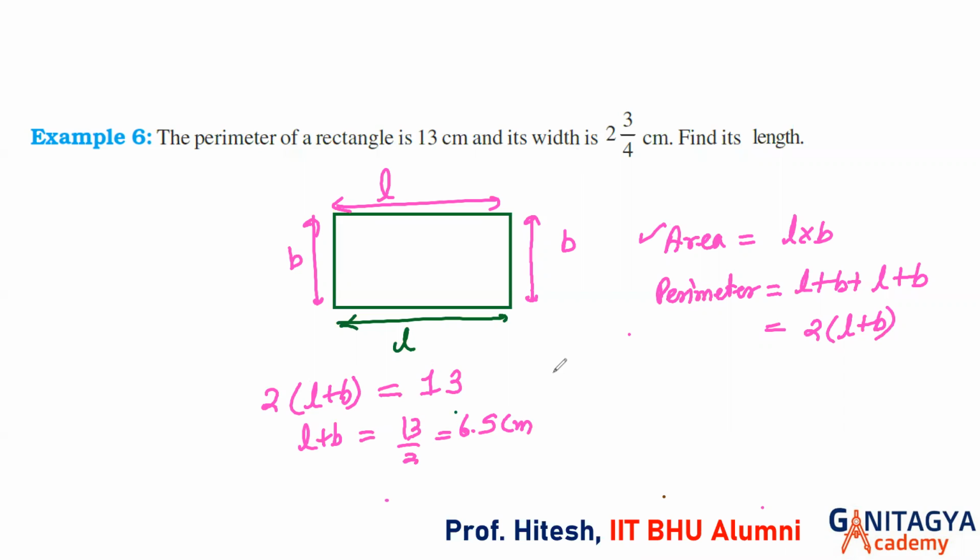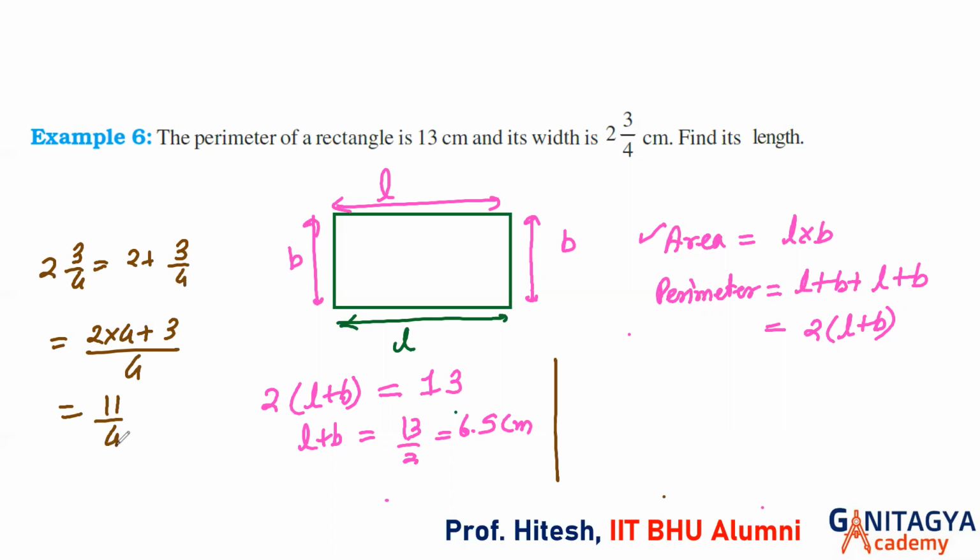Now if width is given by 2 3 by 4, that is a mixed fraction. So I can write it 2 plus 3 by 4. So 2 plus 3 by 4 is nothing but 2 into 4 plus 3 upon 4, that is 8 plus 3, that is 11 upon 4. Understood? So this is nothing but B.